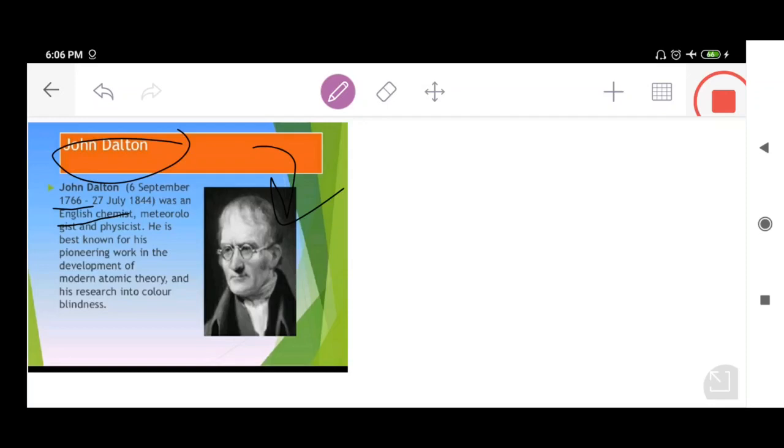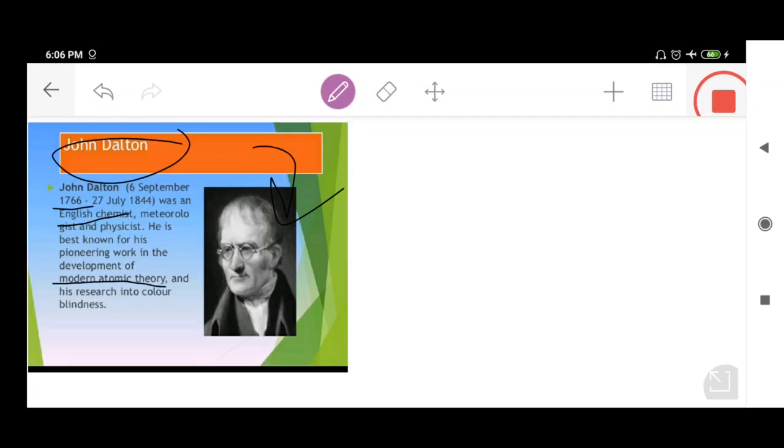So the first thing you should keep in your minds is that if somebody poses the question of who this John Dalton actually was, you should answer in a jiffy that John Dalton was an English chemist, a meteorologist and a physicist. He is best known for his work as far as the development of modern atomic theory.